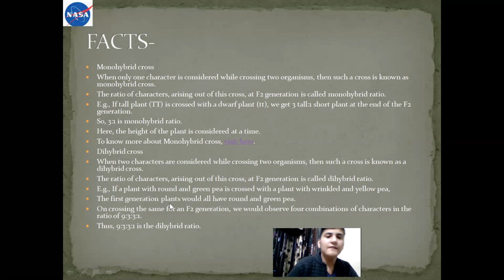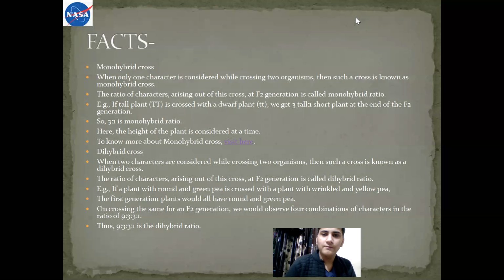Example, if a plant with a round and green pea is crossed with a plant with a wrinkled and yellow pea, the first generation plants will have a round and green pea.